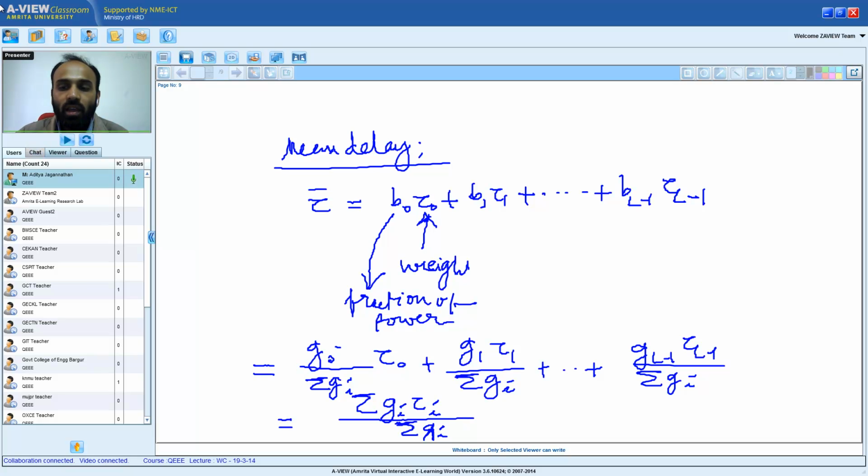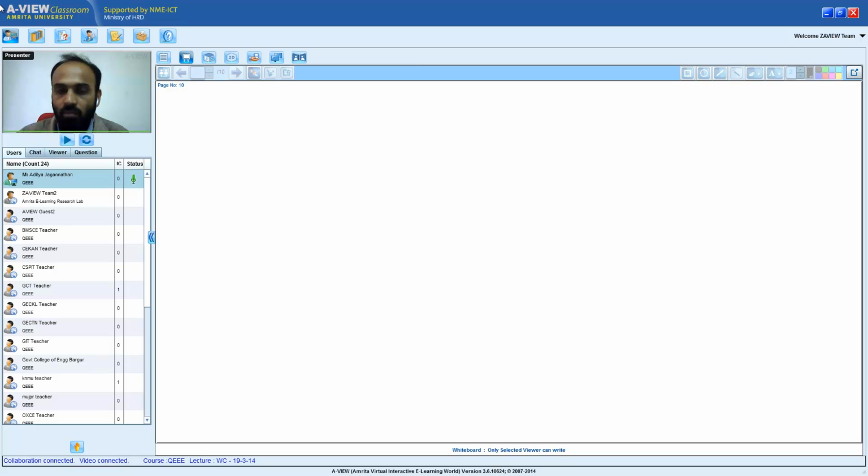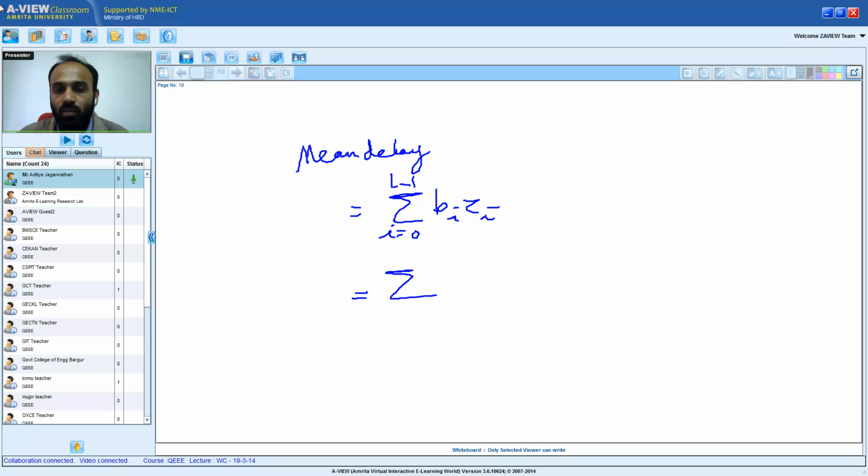Therefore I can say the mean delay equals summation of Bi tau i, i equals 0 to L minus 1, which equals summation i equals 0 to L minus 1 of Gi tau i divided by summation i equals 0 to L minus 1 of Gi.